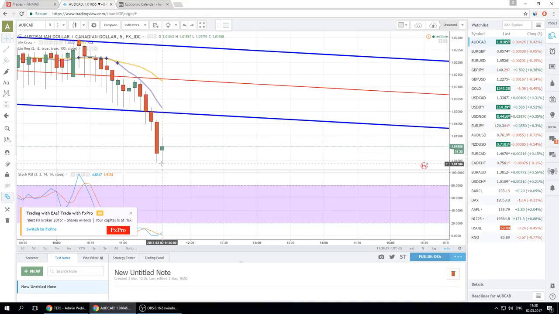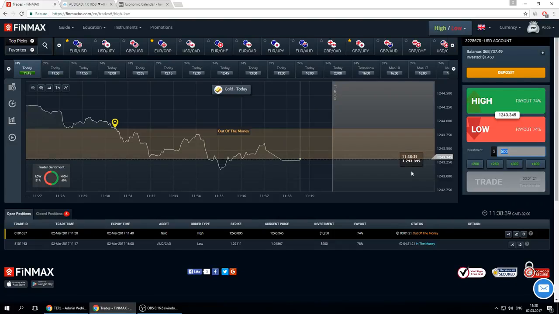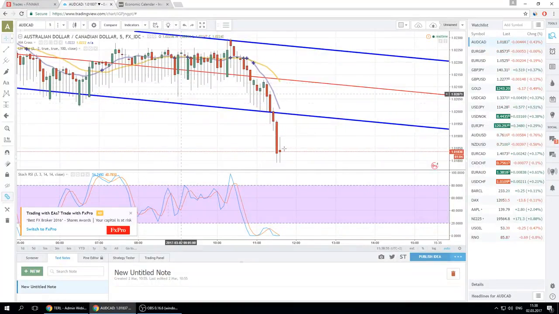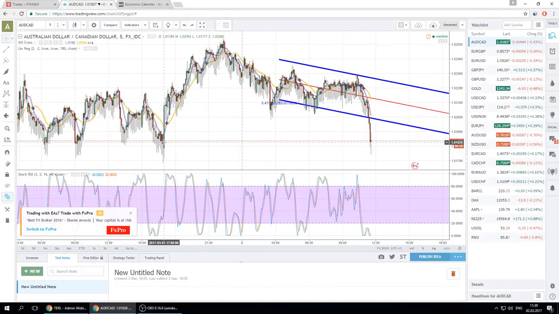This doesn't look like the pin bar or the turning point, so the trend can continue going down. Right now it's on a pretty low level.